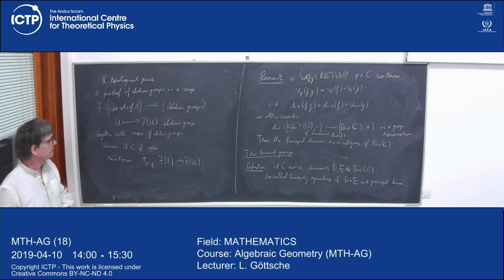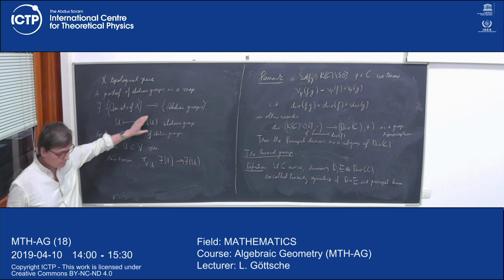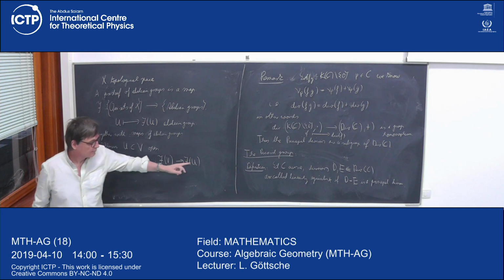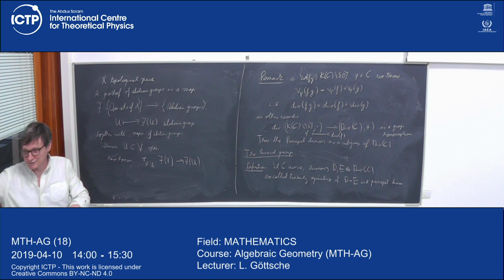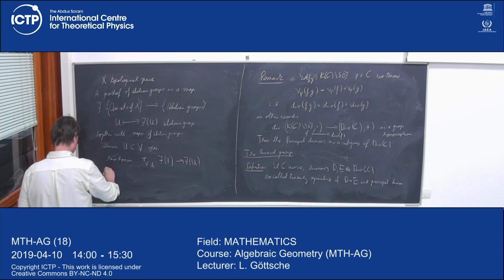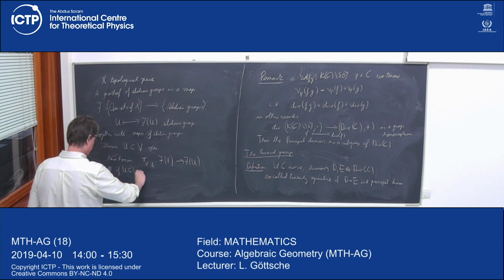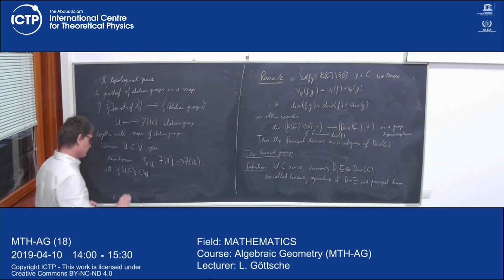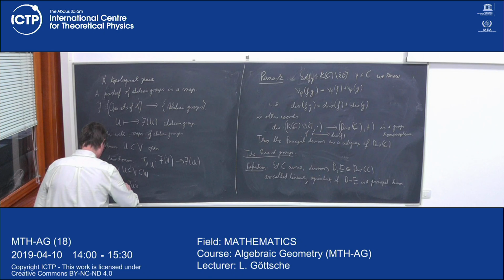So this is a pre-sheaf. For every open set you have an abelian group, and for every inclusion of open subsets you have a morphism which behaves with some properties, obviously: if you restrict twice, it's the same. So if U is contained in V is contained in W, then restricting twice is the composition.